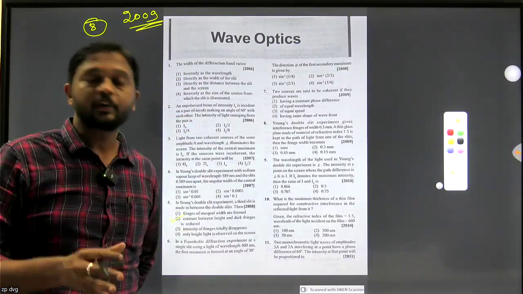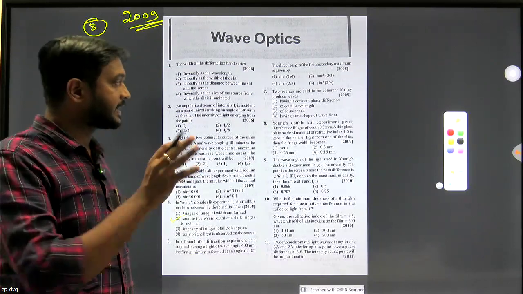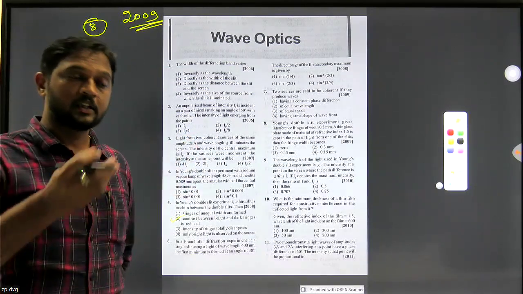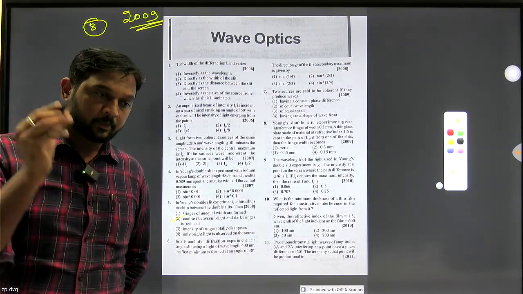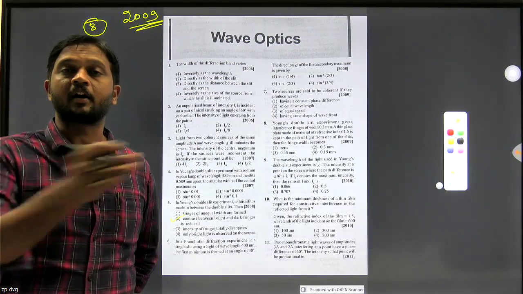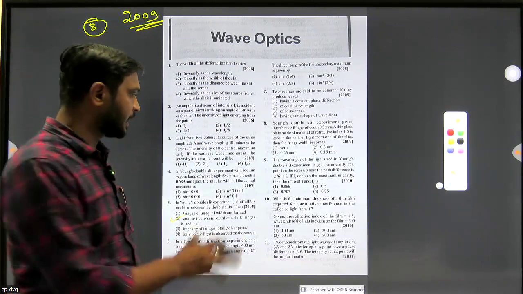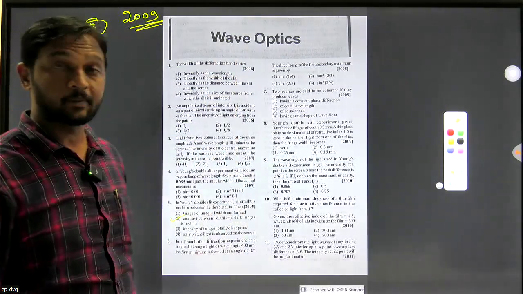So read the experiment carefully, list out all the formulas in Young's double slit experiment, and make some important notes on it. It is helpful for all competitive examinations.